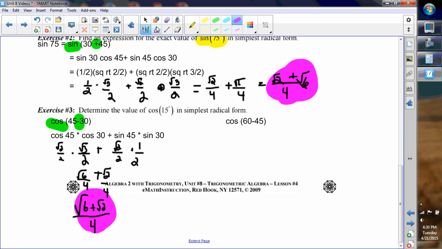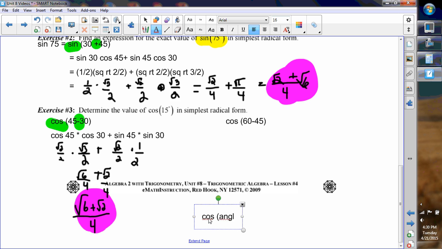It actually is another identity that's not written here, but we should be aware of the fact that if you have the cosine of an angle, it is the same thing in quadrant 1 as the sine of 90 minus that angle. And that is another Pythagorean identity idea here. So the cosine of an angle is equal to the sine of 90 minus the angle, and vice versa.